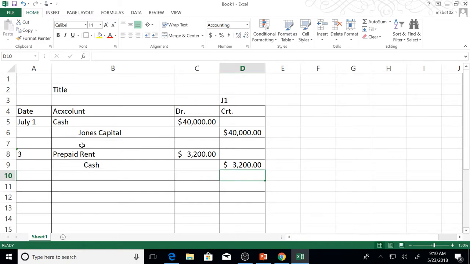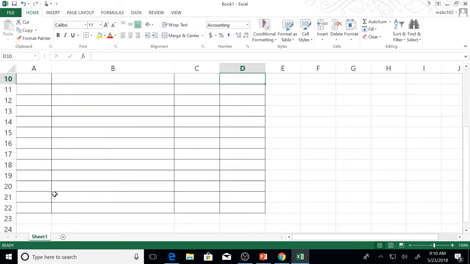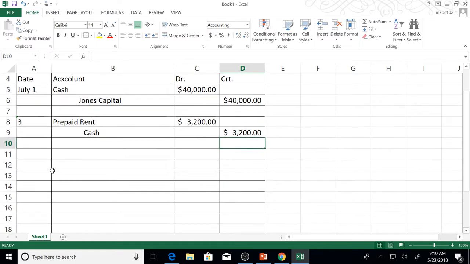So let me write the transaction here first, and that was the 5th, correct? So I leave a space between the two, and this is the 5th. So I have the supplies.